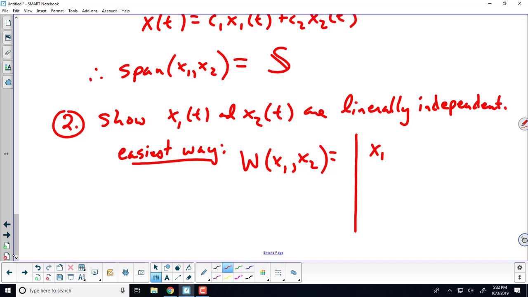So there's x1, there's x2, and then we take as many derivatives as we need to create a square matrix. So we get x1 prime, x2 prime, and what does this determinant come out to be? We've already done it. It comes out to be -1, which is never 0, which does not equal 0 for all t.